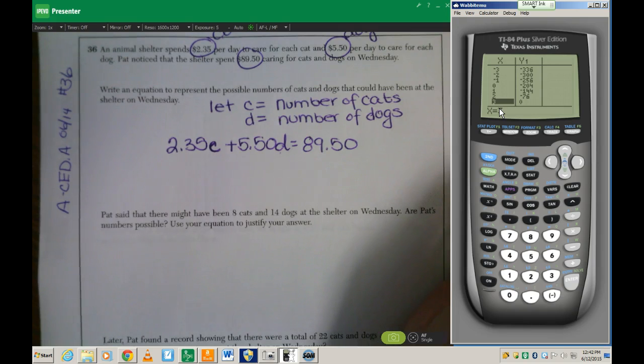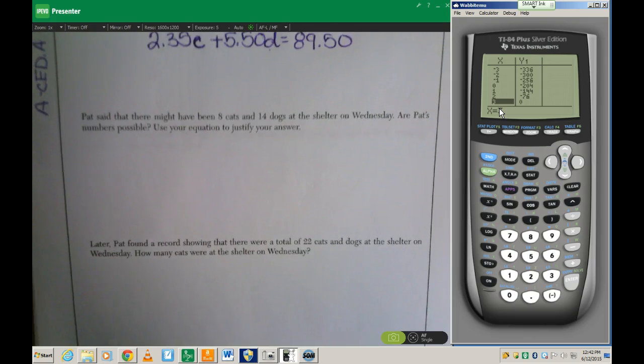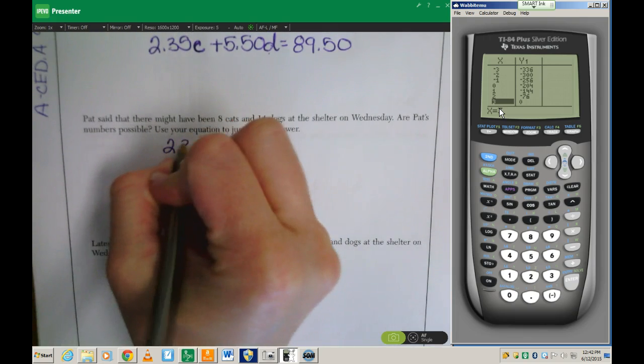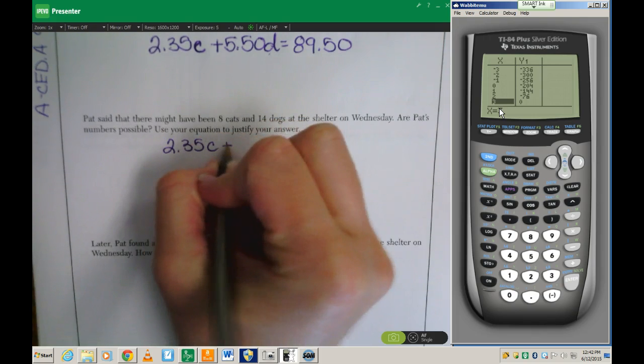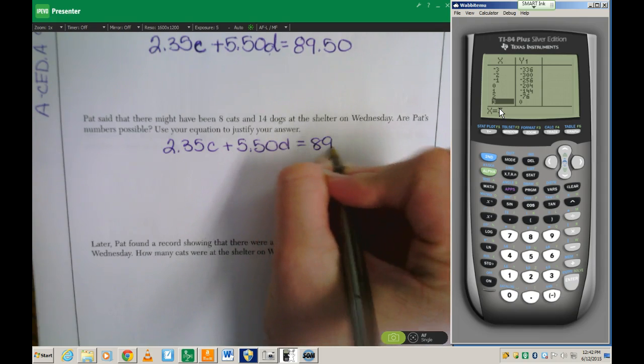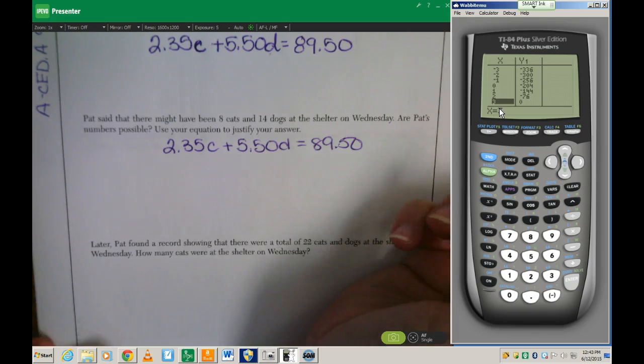Now, Pat said there might have been 8 cats and 14 dogs at the shelter on Wednesday. Are Pat's numbers possible? So first we're going to write our equation. And this time I'm going to teach you how to use the test function of the calculator.